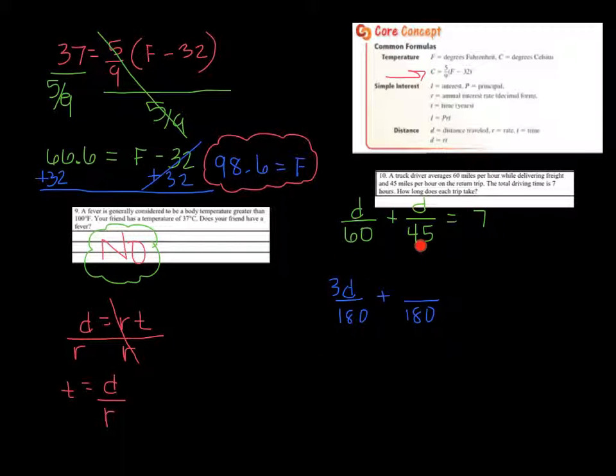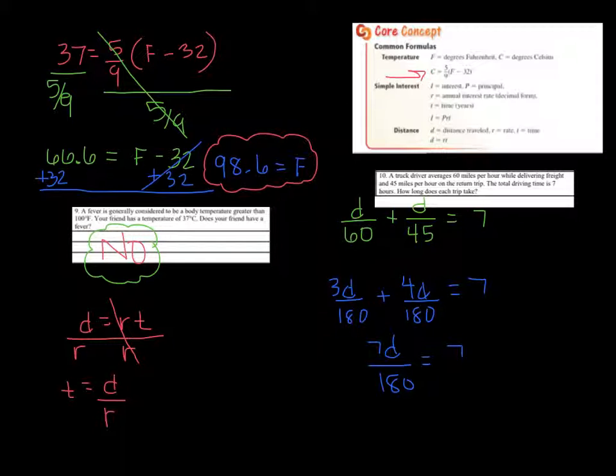I know that 45 times 4 is 180. So I have to multiply the numerator by 4 also. So that's where I'm getting 4d. And that's going to equal 7 still. Now I can actually add those fractions together and get that 7d over 180 equals 7.